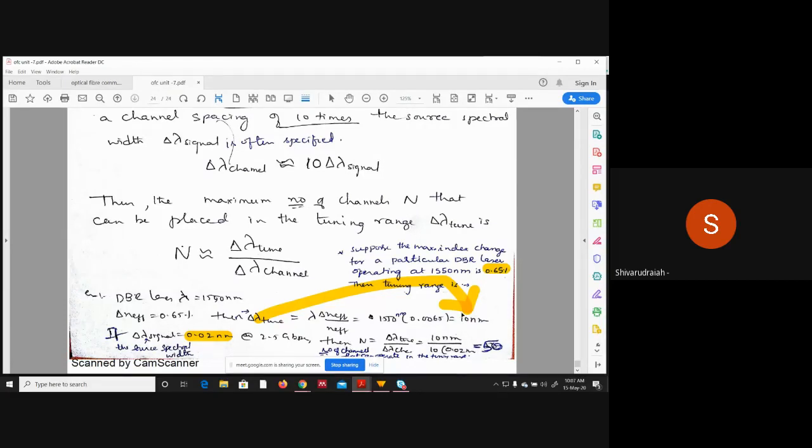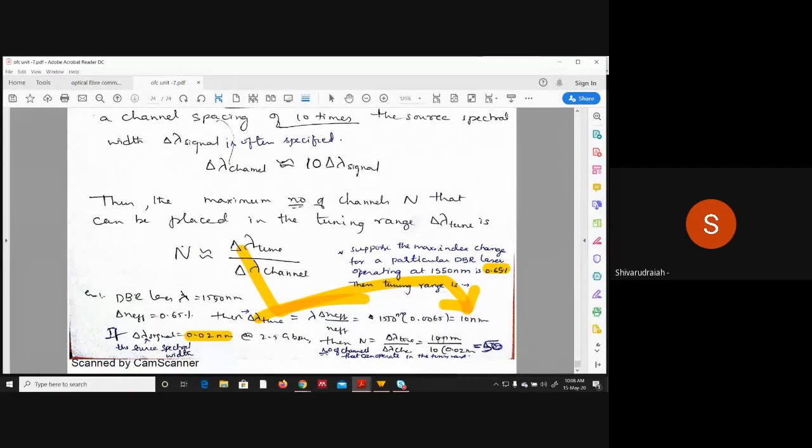So the number of channels that can be placed is given by the equation N is equal to delta lambda tune divided by delta lambda channel. So what will be delta lambda channel? Delta lambda channel is 10 times delta lambda signal. Delta lambda signal is 0.02 nanometer, so delta lambda channel is 10 into 0.02 nanometer, that will be 0.2 nanometer. What is the numerator? That is delta lambda tune, which we already know is 10 nanometer.